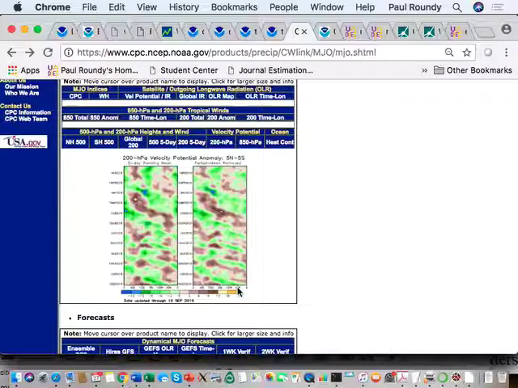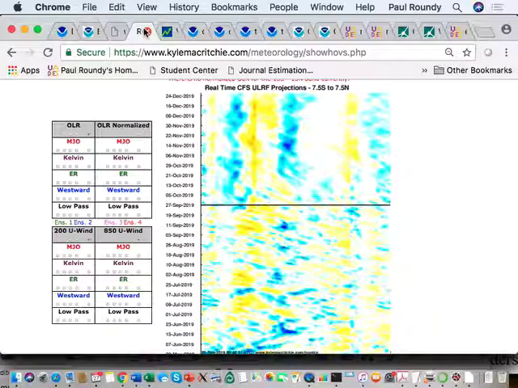But that doesn't mean that circulation signals won't translate the signals around, and that's why the models are able to still produce this convection over the Indian Ocean, gap convection over the West Pacific again.